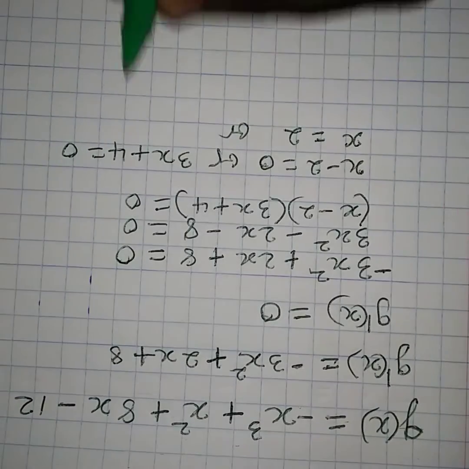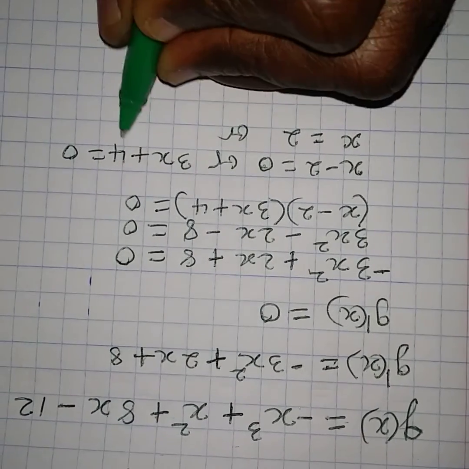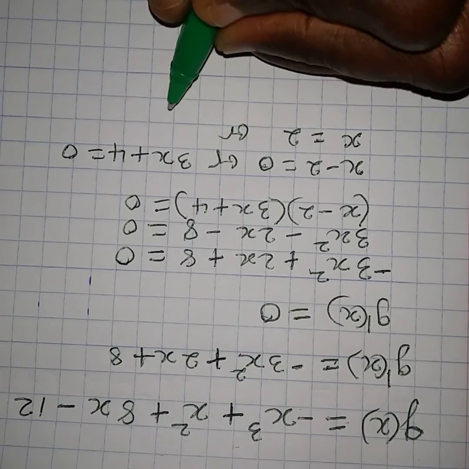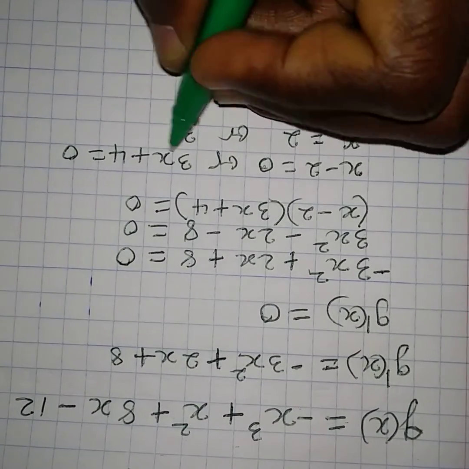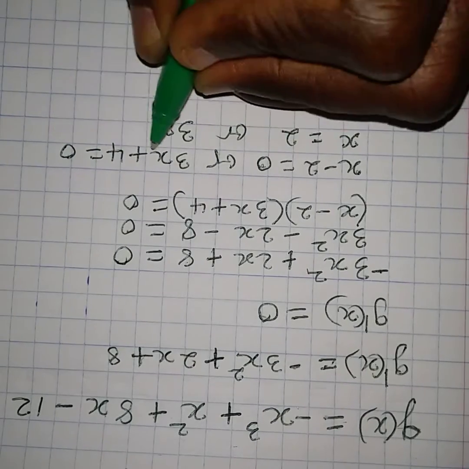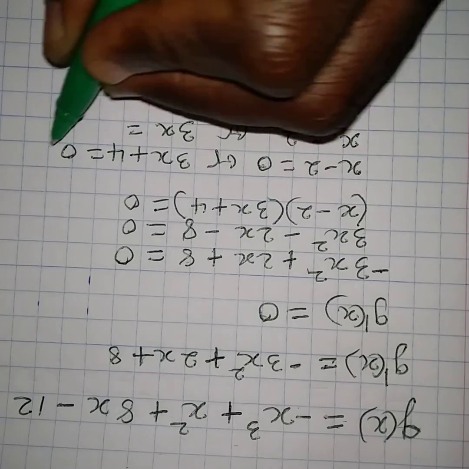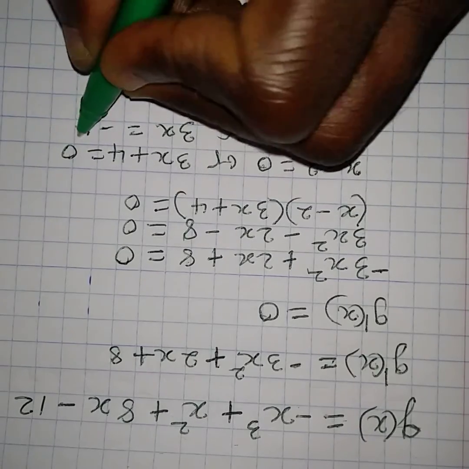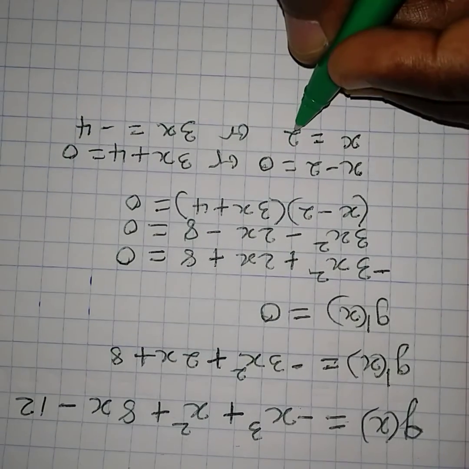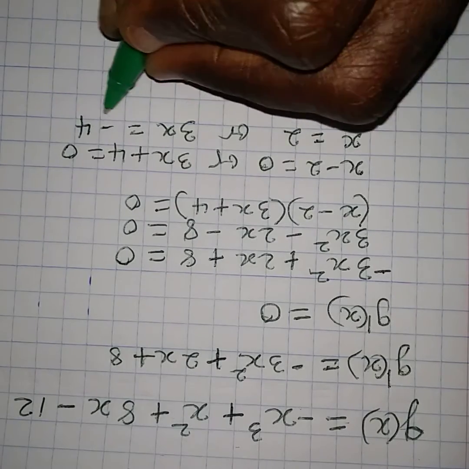Now on this side, the inverse operation for positive 4 is negative 4. What it means is that we are subtracting 4 from both sides of the equation. So when we subtract 4 here, this becomes 0, and when we subtract 4 here, we get negative 4. Now this one is done, but we need to continue with the other side of the equation.